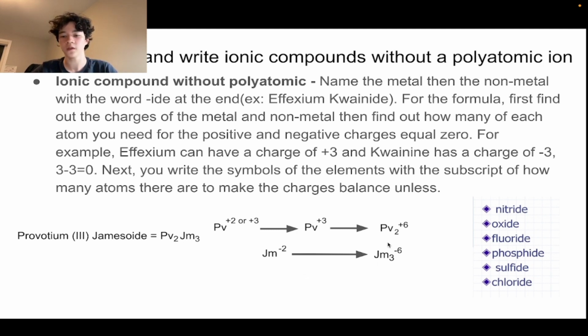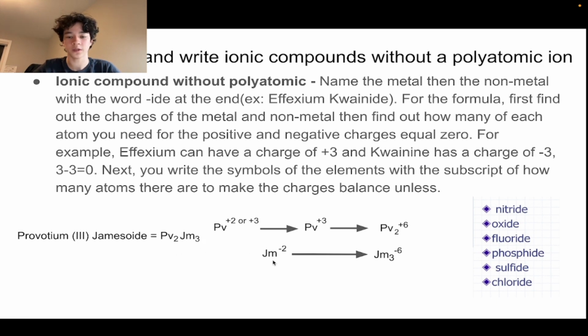So down here, you wouldn't need this 3 if it's just Jamesanide by itself. Anyway, this is the example we have: provanedium(3) Jamesanide. The 3, as we said before, specifies what charge it is. So provium has a charge of +3, and since there's 2, over here we'll specify the charge.